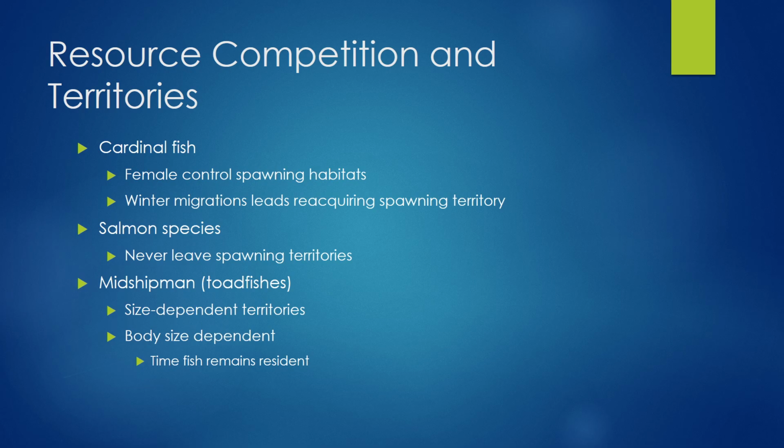And then for midshipmen, they have size-dependent territories, and body size dependent territories. So the time that a midshipman fish can remain a resident of an area is dependent on the size they are as a fish.